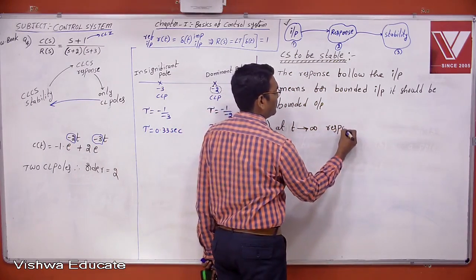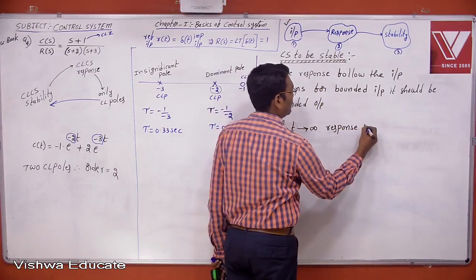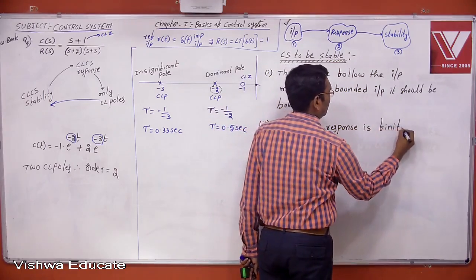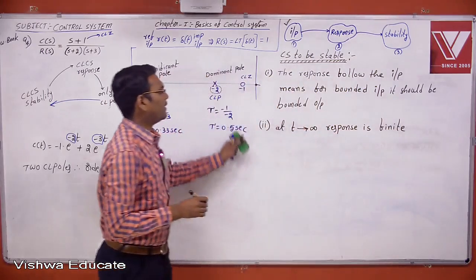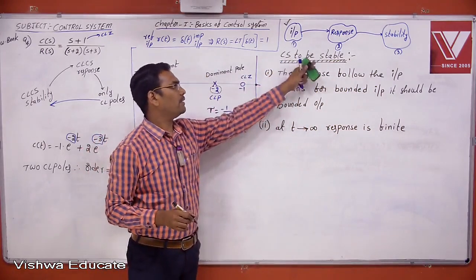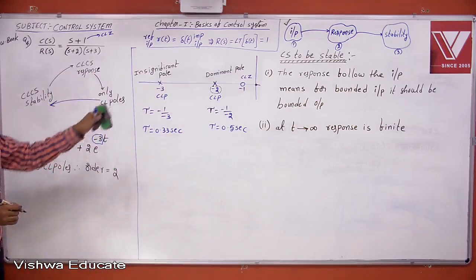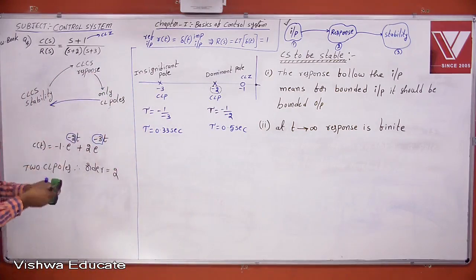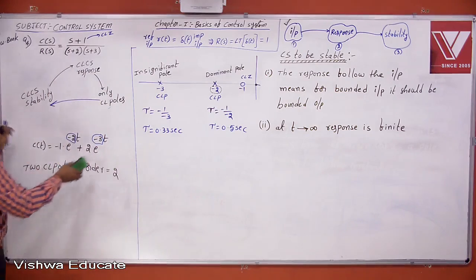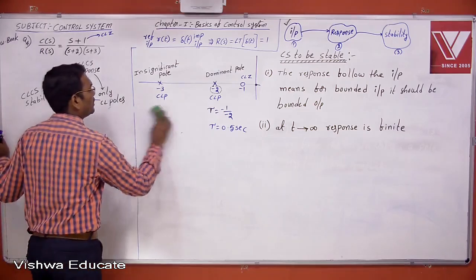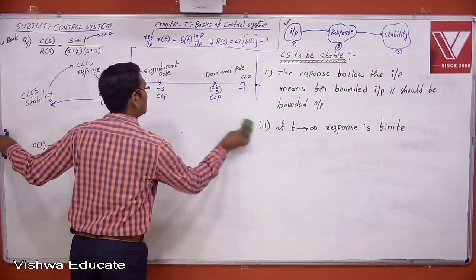At t tends to infinity, the response is finite, then the control system is stable. You just check that previous question. Now this is the previous question. This is the response.